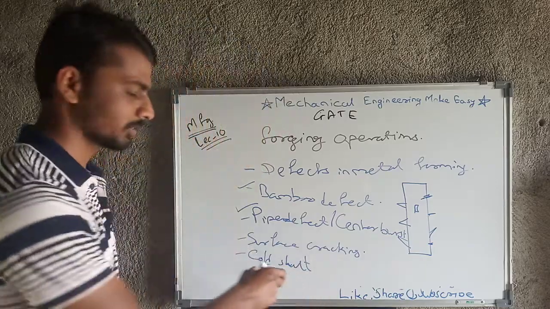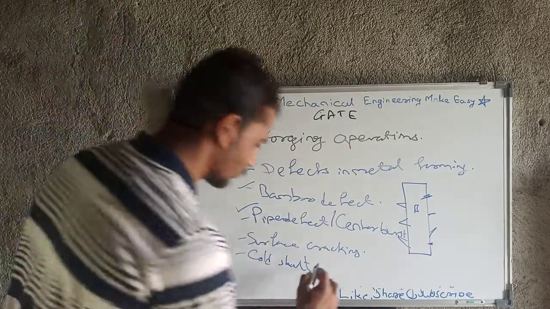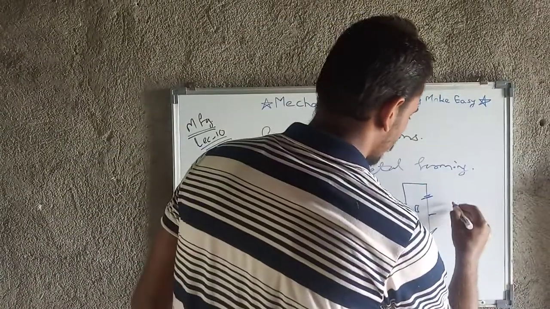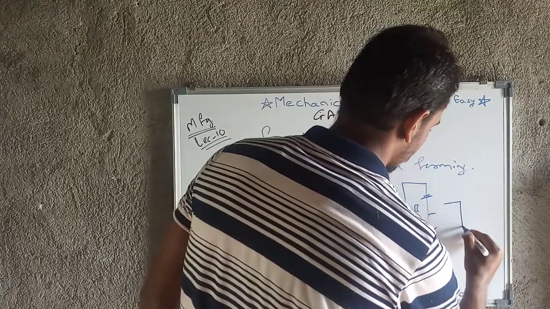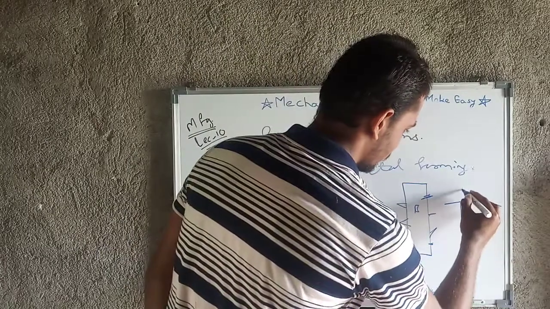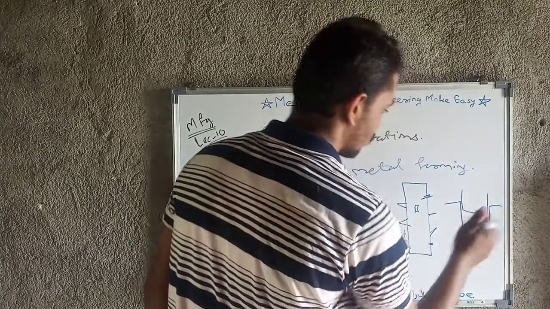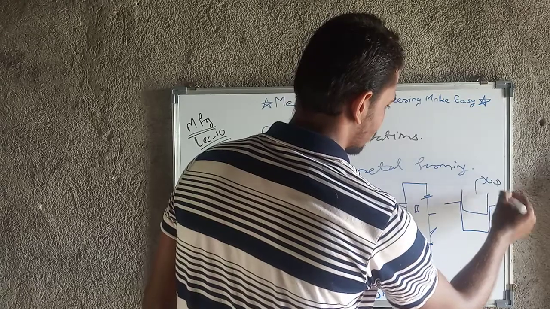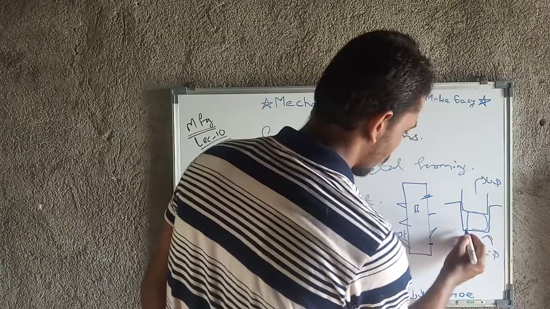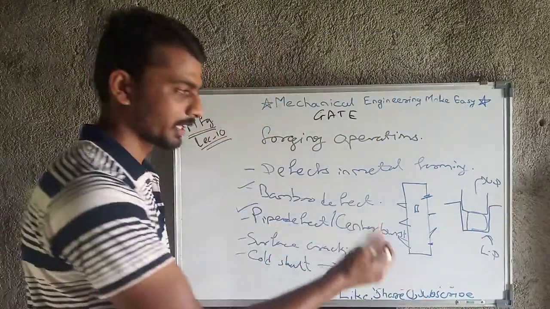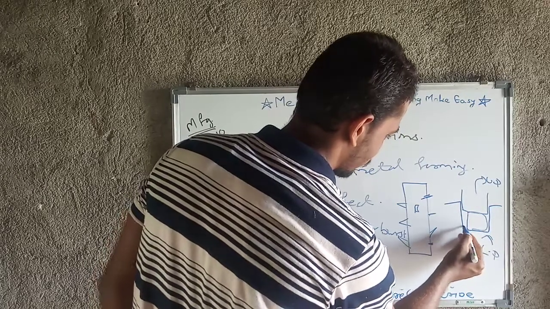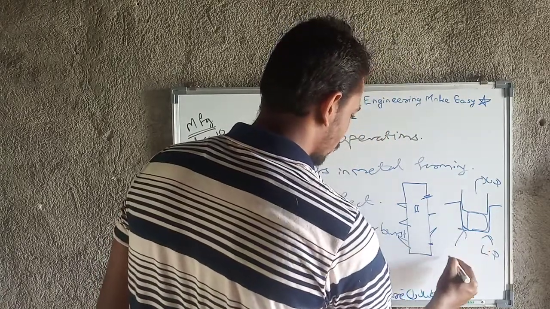Cold shut is the same defect as in metal casting, and here we consider it in case of forging. If the die cavity is like this, with one upper die and one lower die, and the material is pressed here, then because of the material strength the material will not fill the exact corner. The material will have some roundness here. That is called cold shut.